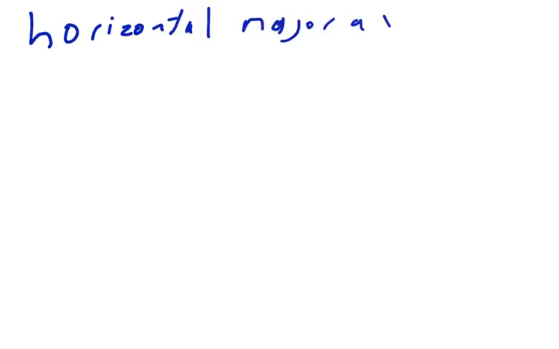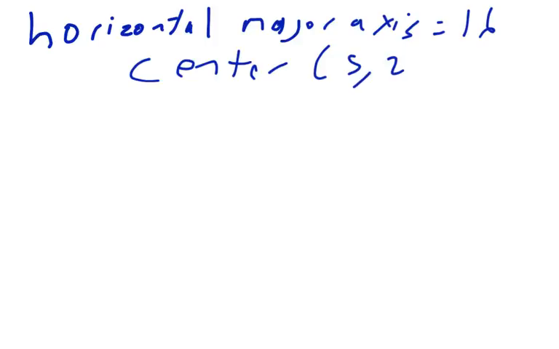Alright, one last example for this section. Let's say we have a horizontal major axis that equals 16. And let's say that the center is at 5, 2, and that c is equal to 4.